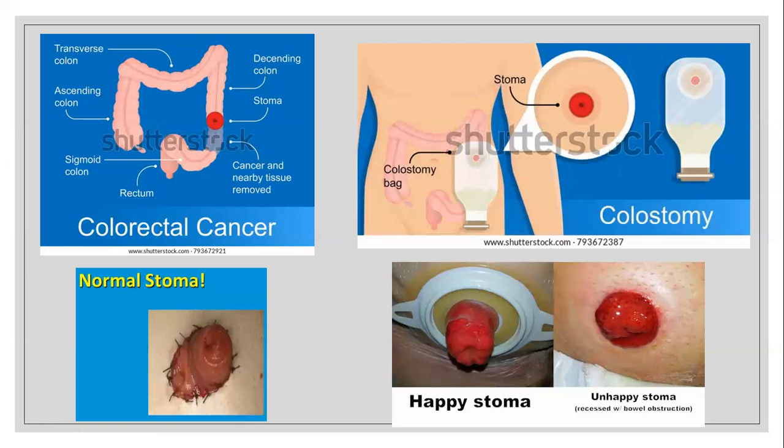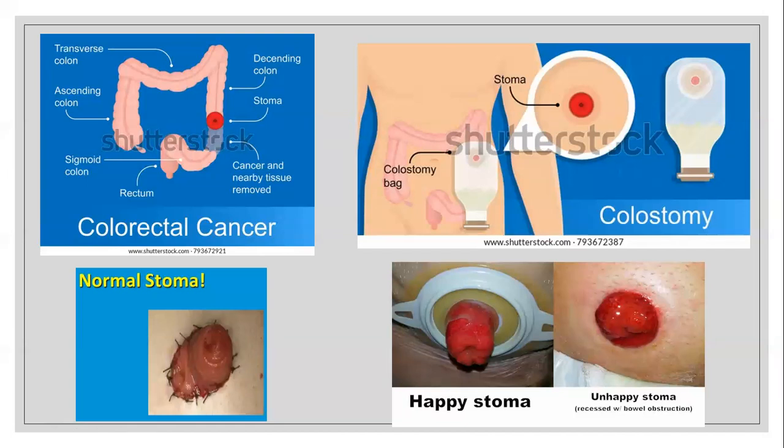Every healthcare provider or nurse has to know. During the stoma assessment, we have to check that the stoma should be pink to red and moist. Pallor, cyanosis, or dark color indicates poor blood supply. Black indicates necrosis, so bad.